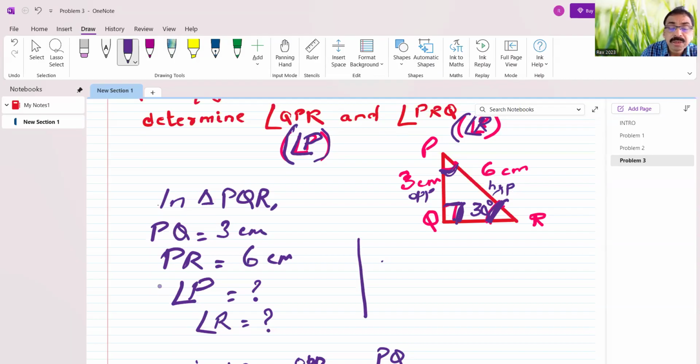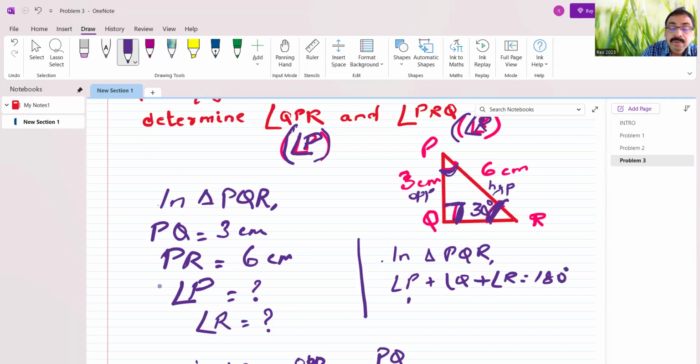So in triangle PQR, angle P plus angle Q plus angle R is equal to 180.